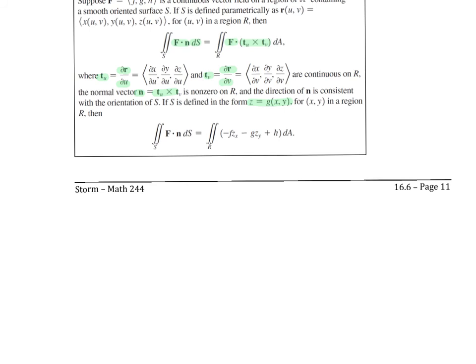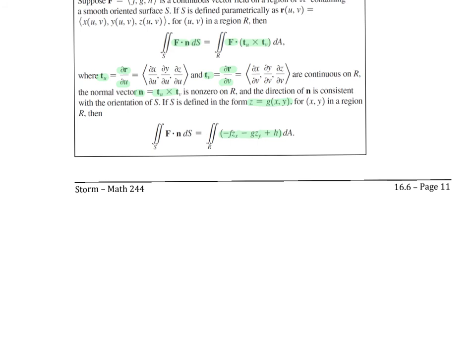So if you look at the vector that I had previously written down, this is what we're going to use: negative F times the partial of z with respect to x, minus G times the partial of z with respect to y, plus H. Okay. So that's the form that we want to use because it's usually the easier one to use.